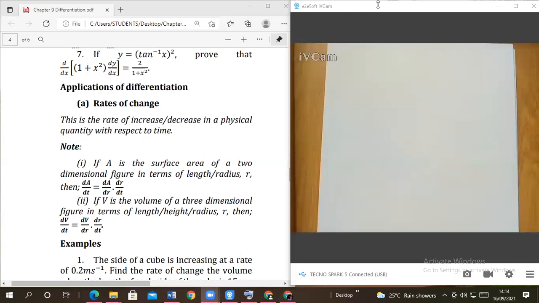Or if we are talking about a circle, whose dimensions are in radius r, then the dA/dt, what we call the rate of change of the area or the surface area of that figure, is obtained from the chain rule, where we get dA/dr, that is the gradient function or the derivative of A with respect to the variable r or the dimension r, times the rate at which that dimension is changing, that is dr/dt.